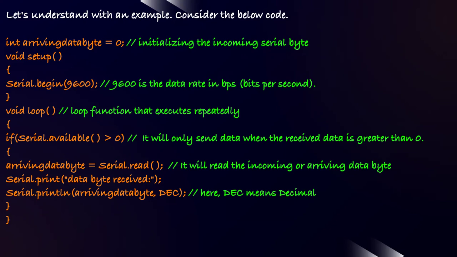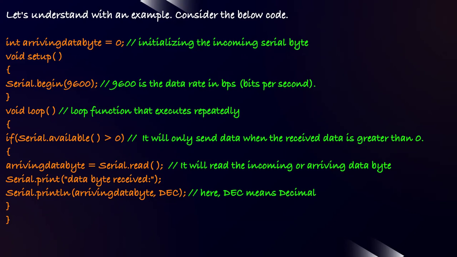If there is no data, that is, it is equal to 0, then the data will not be received. That is the purpose of Serial.available. You can provide a condition like that, that if data greater than this or equal to this or lesser than this is available, then only execute further, right?